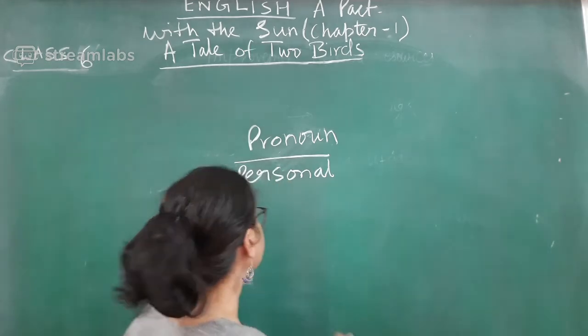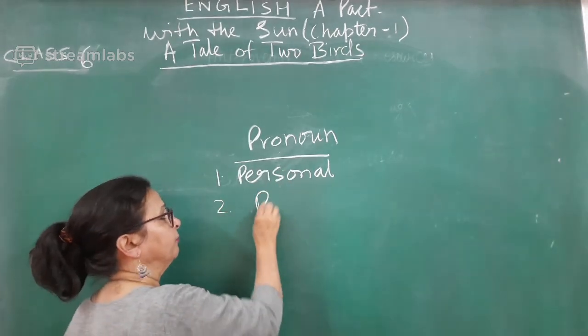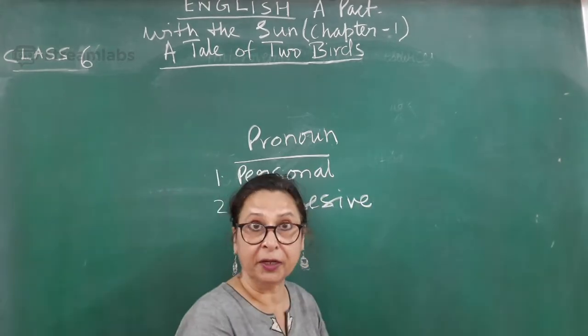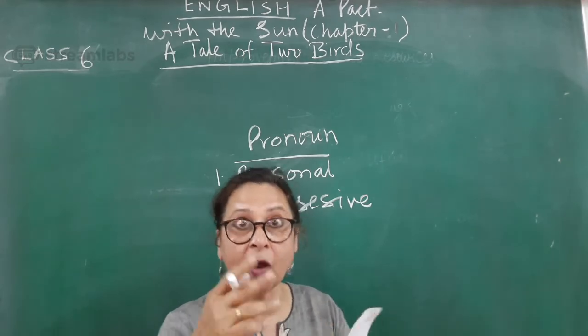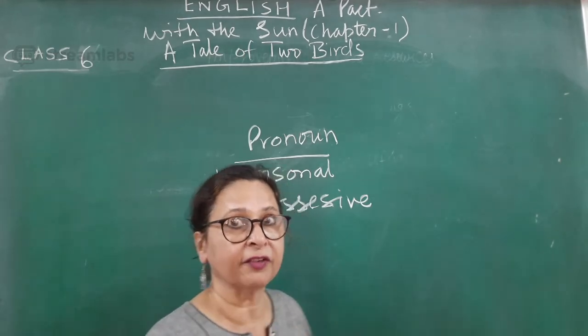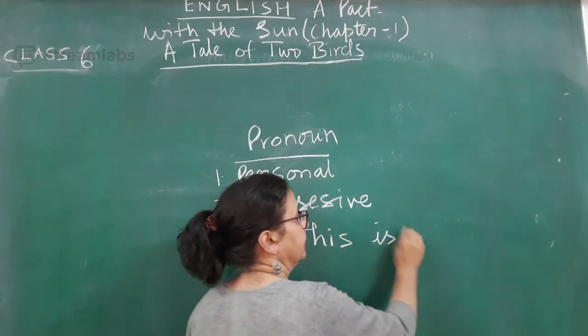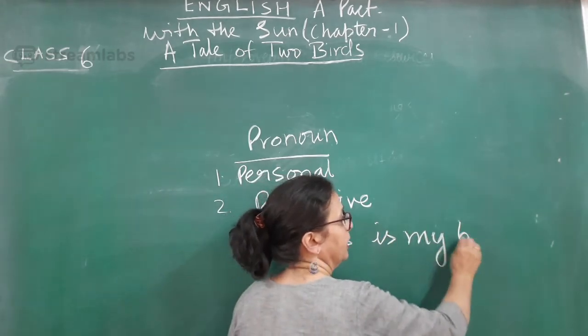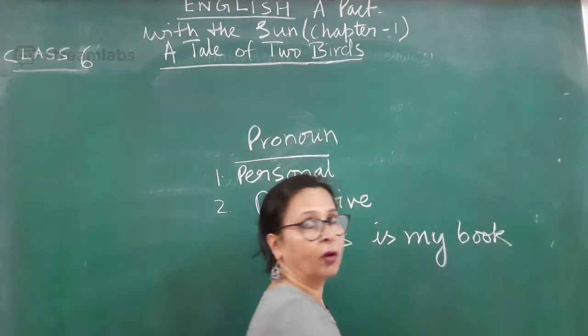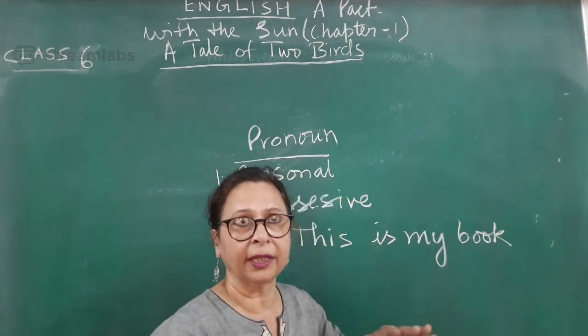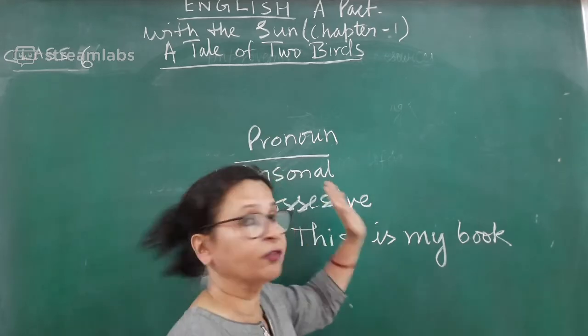Then next is the possessive pronoun. Which shows the possession: my, mine. Now I'll show you the difference. This is my book. I'm taking only the important ones, because if I take all the pronouns, you will get confused. So I'm taking those related to personal pronouns.